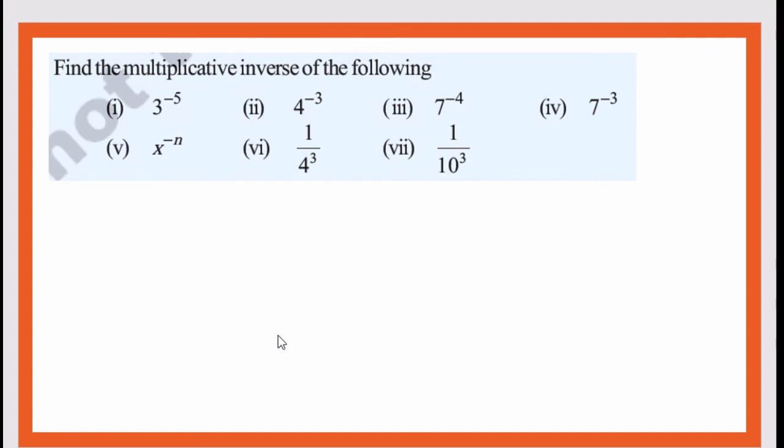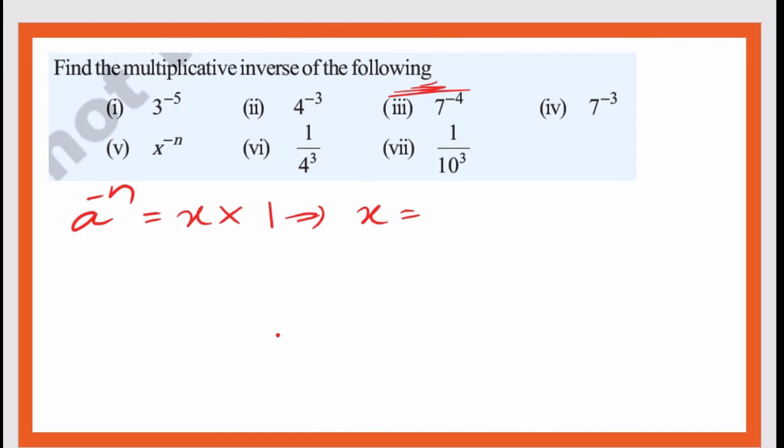Find the multiplicative inverse of the following. For multiplicative inverse, if we have a power minus n, then what should be multiplied to make it 1? This x value I need to find out.